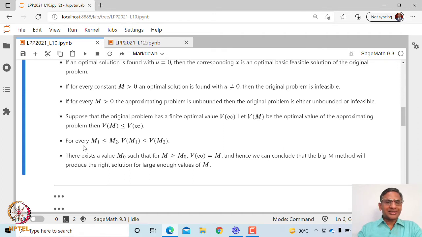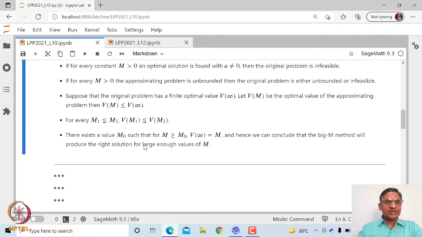The next result says that for every capital M1 and capital M2, if capital M1 is less than or equal to capital M2, then V of M1 is less than or equal to V of M2. What is V of M1? It is the optimal value of the artificial problem, and V of M2 is the optimal value of the artificial problem with respect to the constant M2.